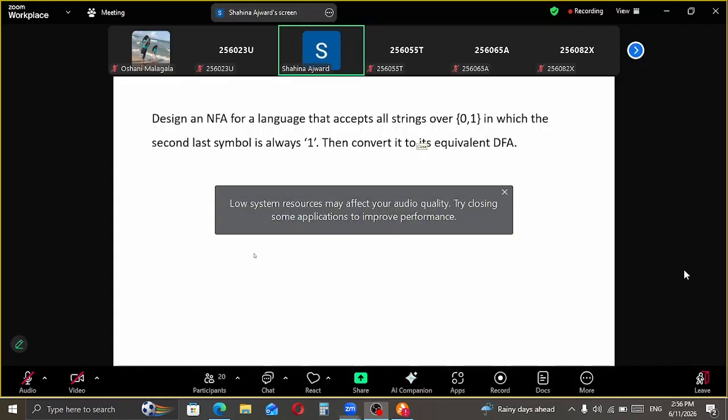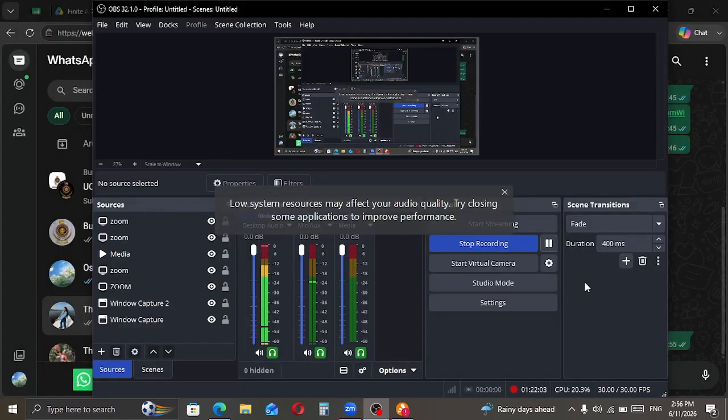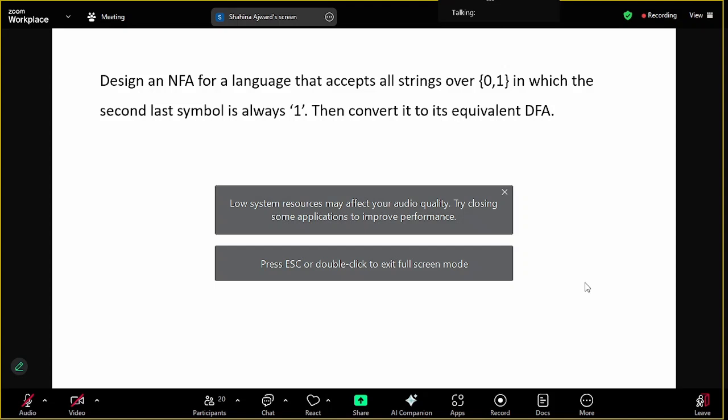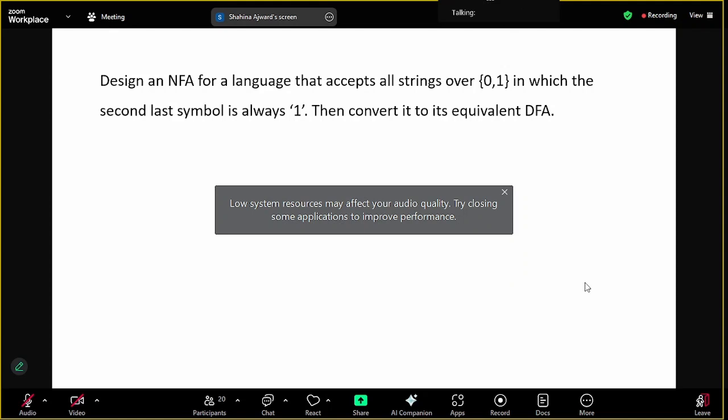Second last character, right? So if you say cat, cat, cat, A is the second last character.